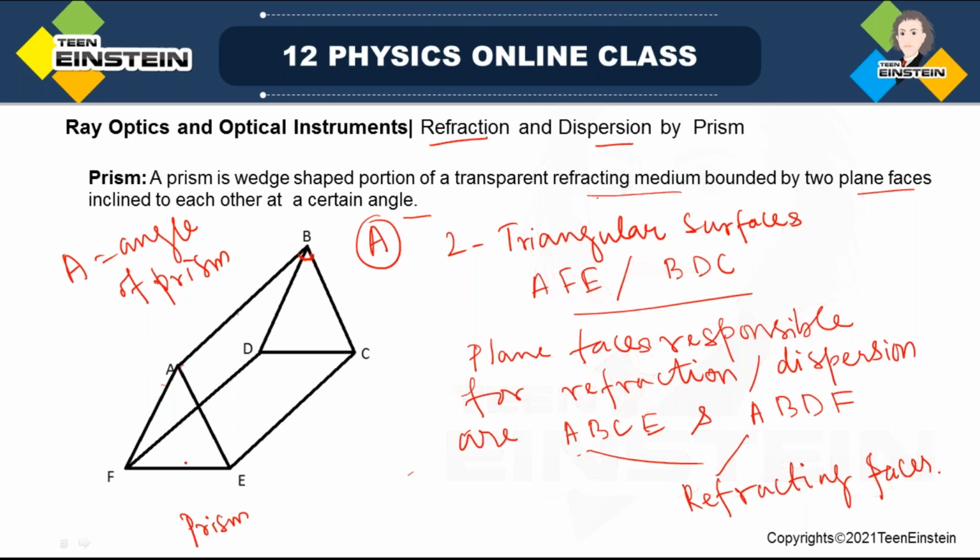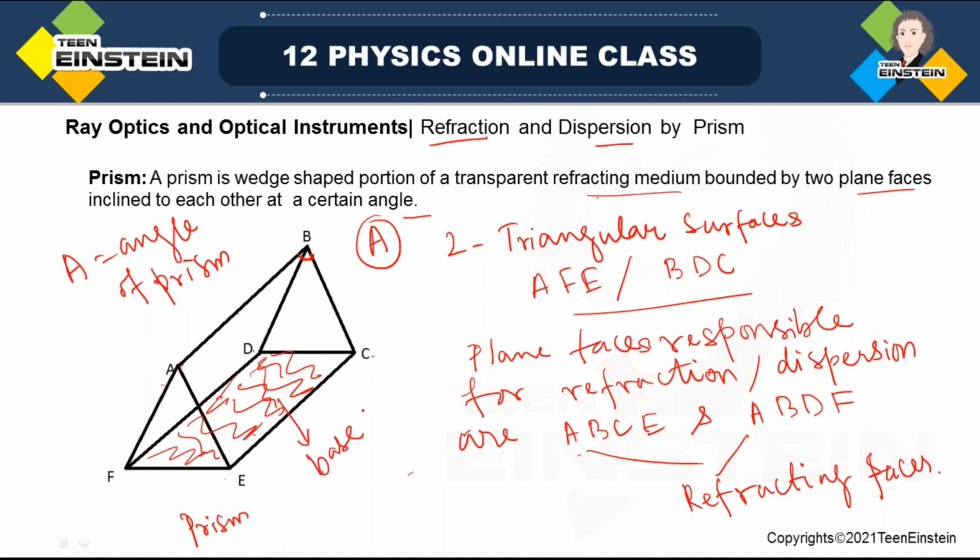Okay, and this face, DCEF, is called the base of the prism. This is also a surface which takes part neither in refraction nor in dispersion.